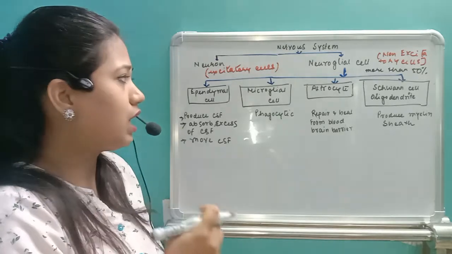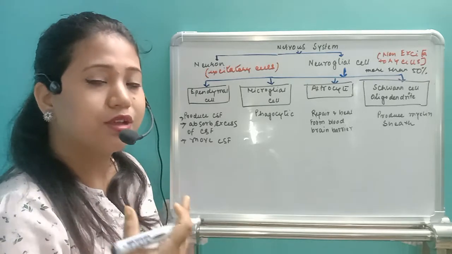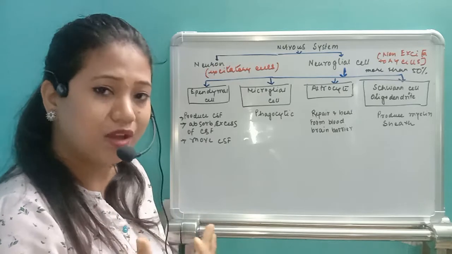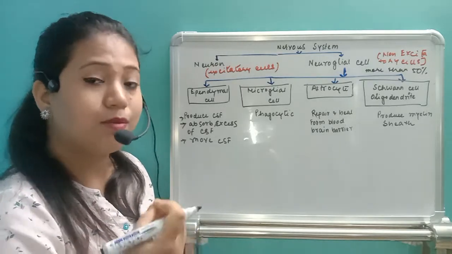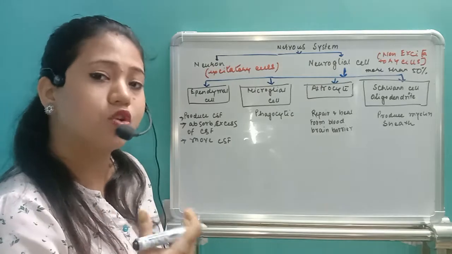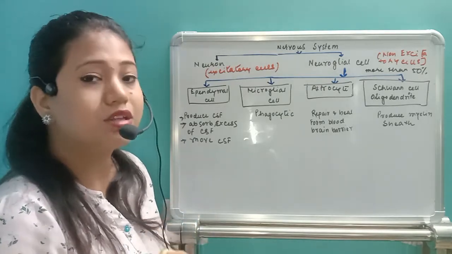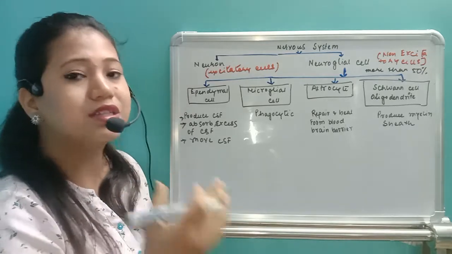The CSF is formed freshly every 24 hours, so every day it will produce CSF. Excess CSF will also be absorbed by the ependymal cells. And the third thing is it will also keep the CSF in a moving state.